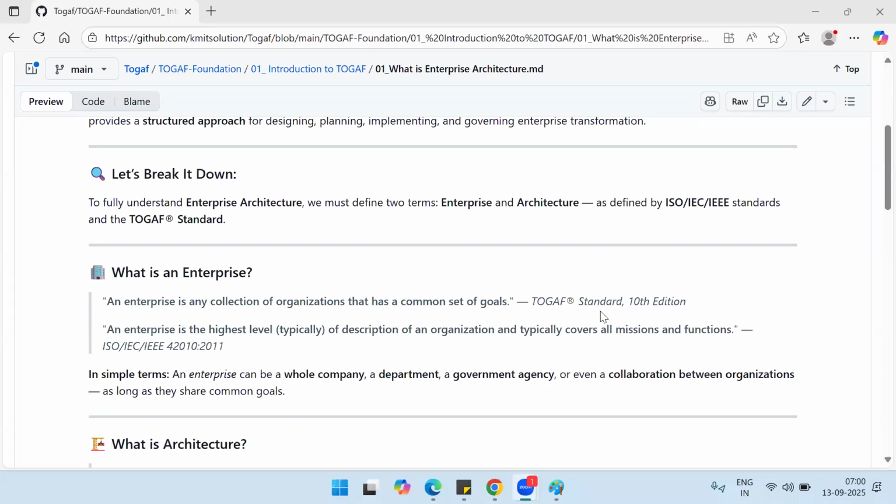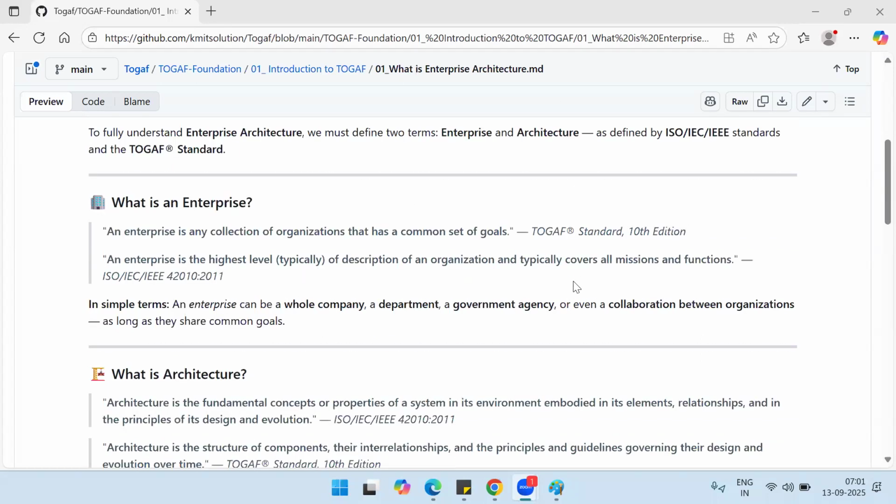The enterprise architect will cover the entire organization, whereas the solution architect will be on a specific system or product solution.